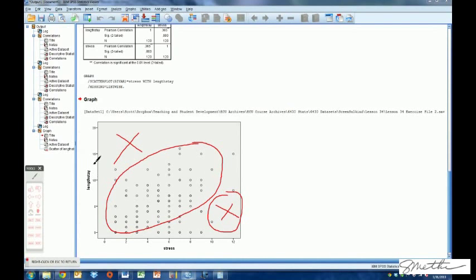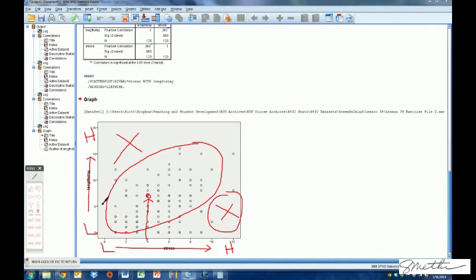Okay, you don't see any up here, and you see areas down here that are also without these dots. So the relationship between low levels of one variable, like length of stay, and low levels of another variable, all the way up to high levels. Okay, low to high.